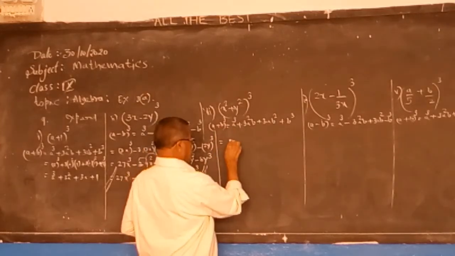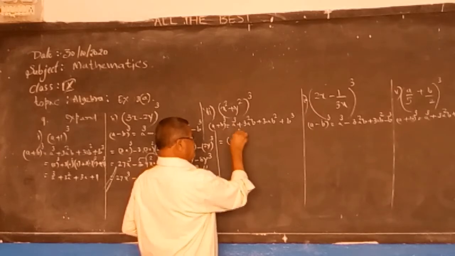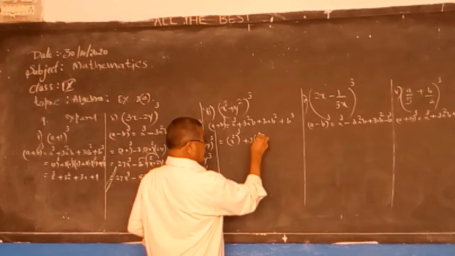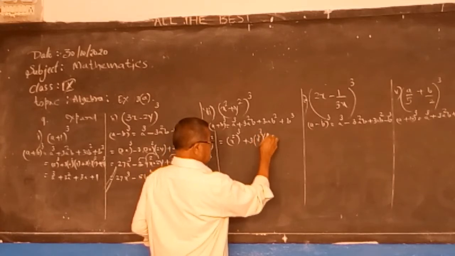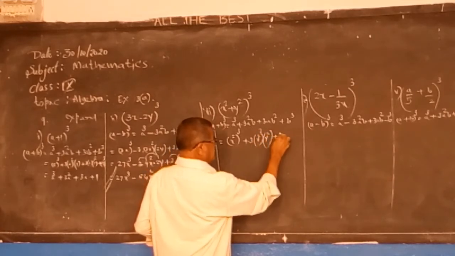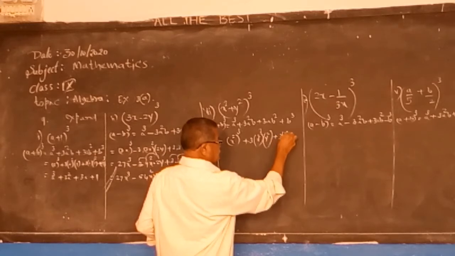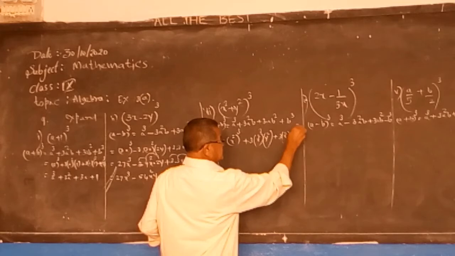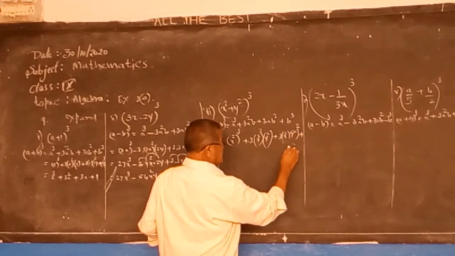Here, same: (x squared) cube plus 3 into (x squared) squared of y squared plus 3 into x squared into (y squared) whole squared plus (y squared) cube.